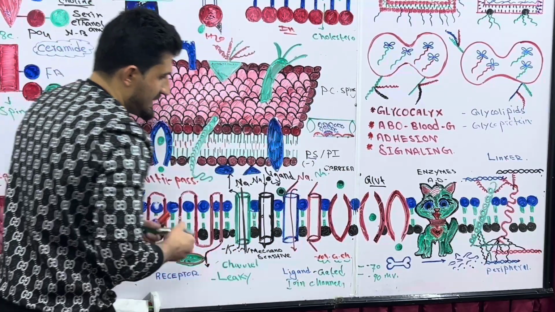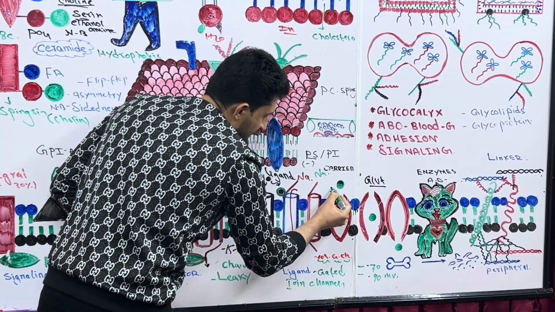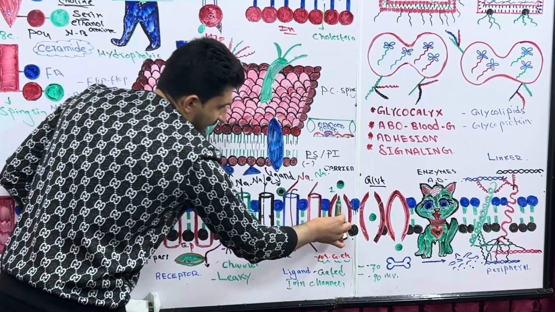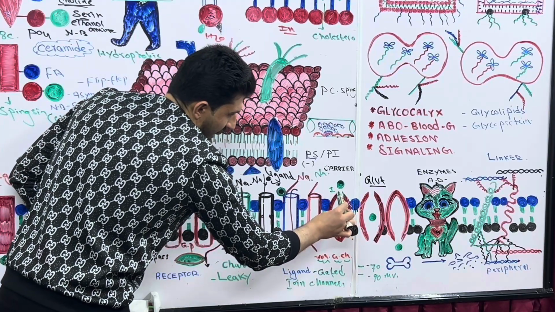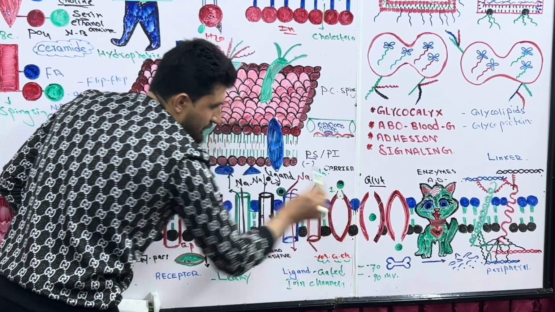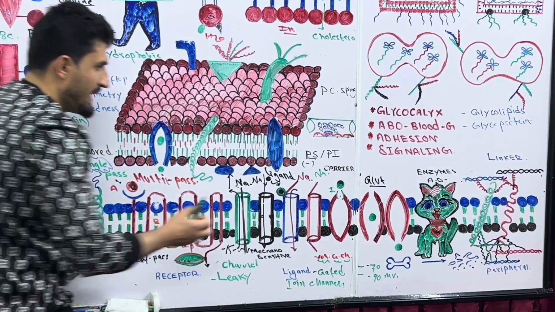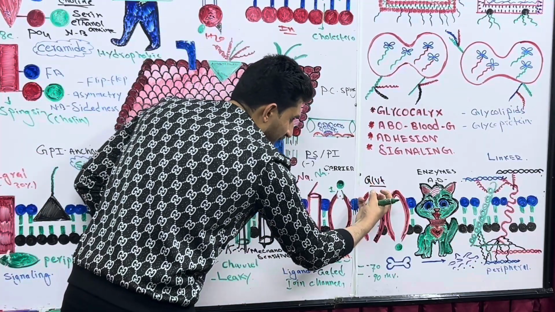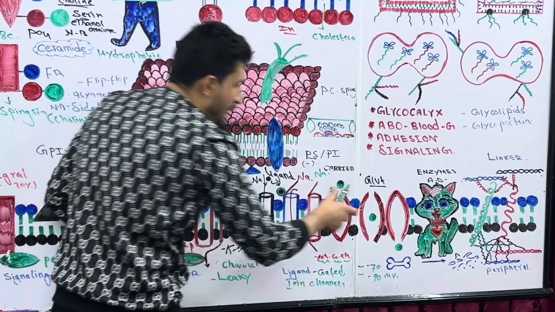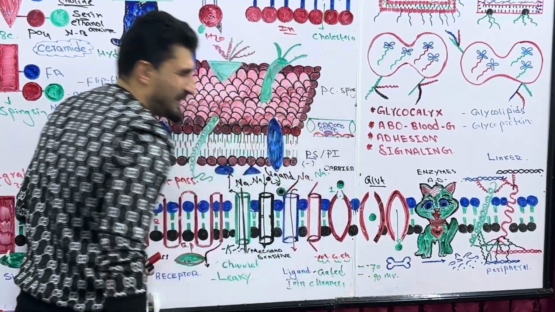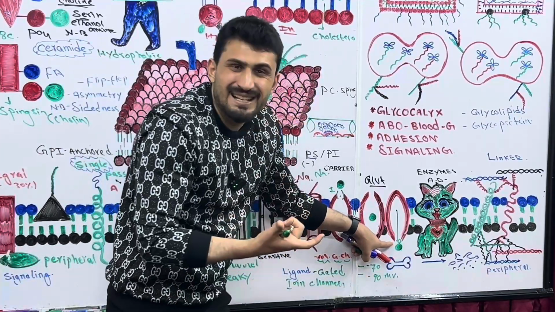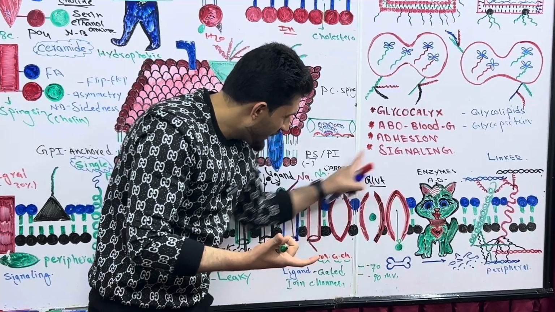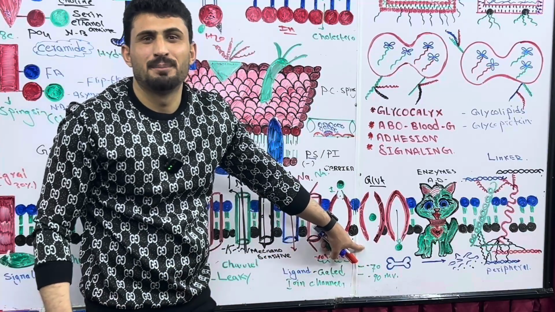In step 1, it's in a shape where its outer area is available for a glucose molecule. It will catch glucose, bring it inside, and then transport glucose by changing its shape. That's why they are called carrier proteins.